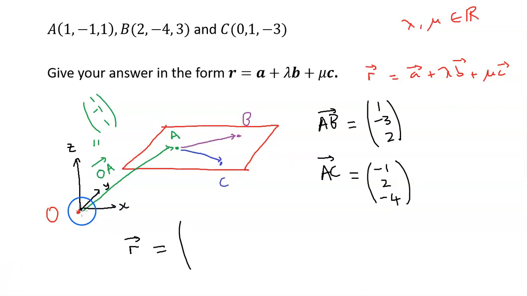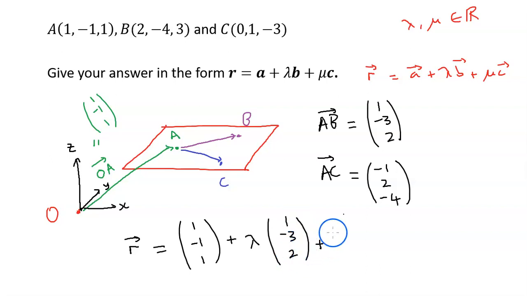Anyway, I'm off topic. Our initial vector is (1, -1, 1), plus an arbitrary multiple of this vector here: lambda times (1, -3, 2), plus an arbitrary multiple of this other vector: mu times (-1, 2, -4).